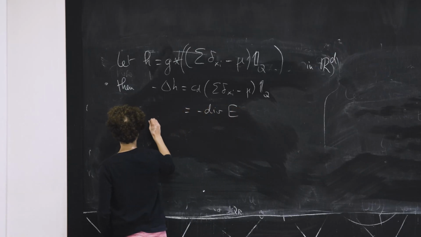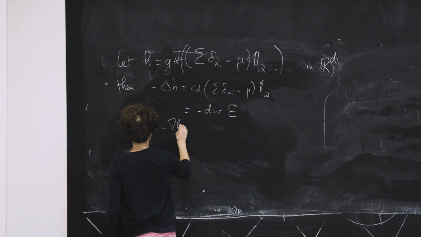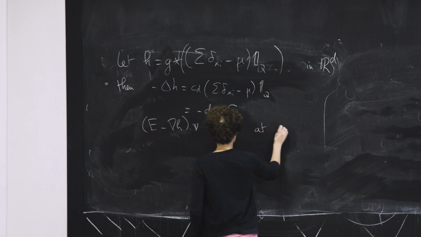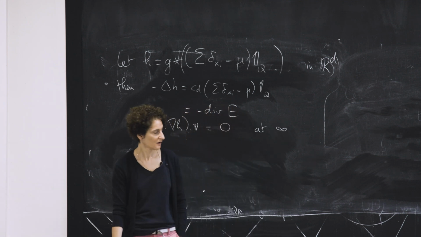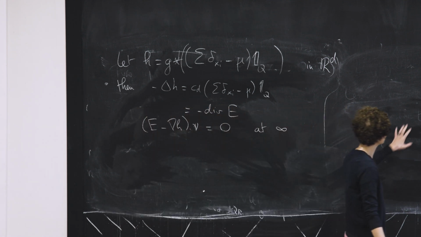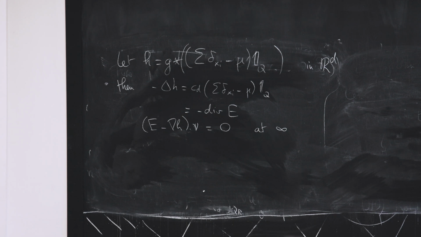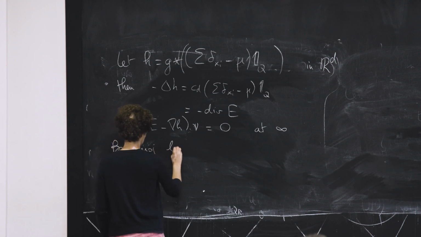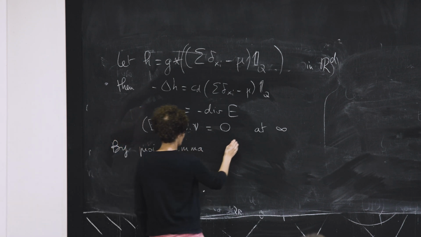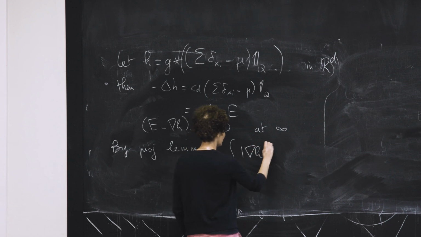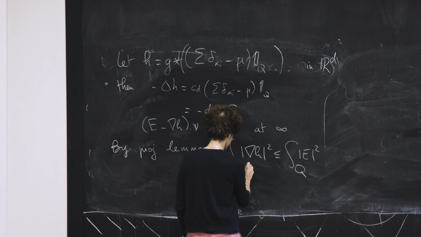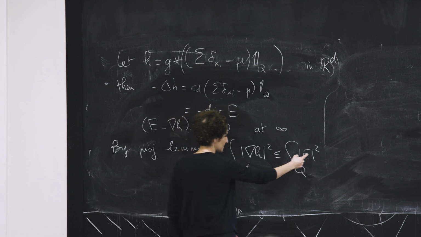Okay, so E minus grad H dot nu, I would say, equals 0 at infinity. So I can use the same projection lemma, the same computation as in the projection lemma, and find that the integral of grad H squared is less than this. And this is in R^d, and this is in Q, because this thing lives only in Q.